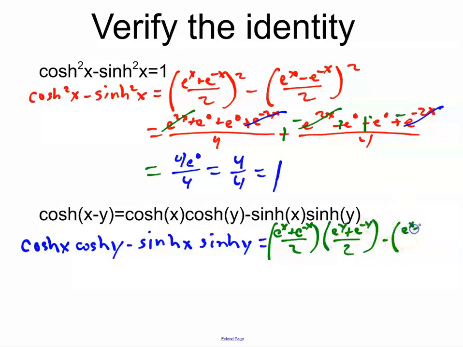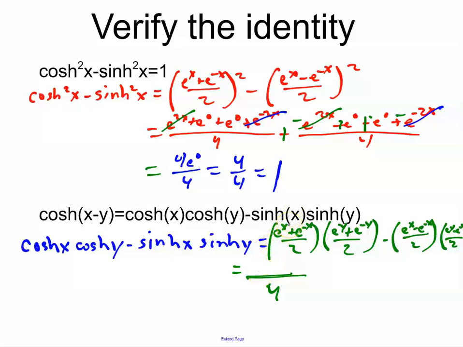Then e to the x minus e to the negative x over 2, and e to the y minus e to the negative y over 2. Running short on space there. Sorry about that. Alright, so then I can multiply those things together. It's going to be over 4.